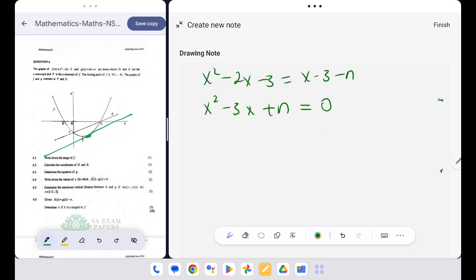Since the two graphs must touch, it simply means that delta for the intersection should be equal to 0. And I know that delta is equal to what? B squared minus 4ac. So the value of a is the coefficient of x squared, which is 1, b the coefficient of x, which is negative 3, c is the constant term, which is n.